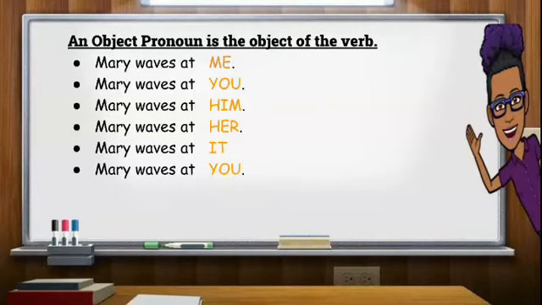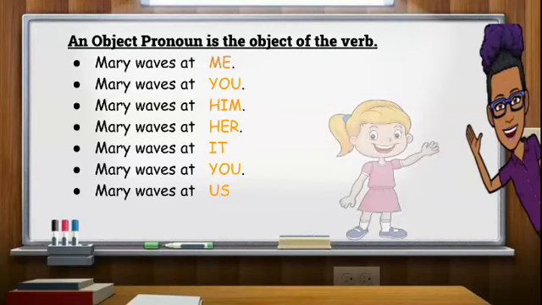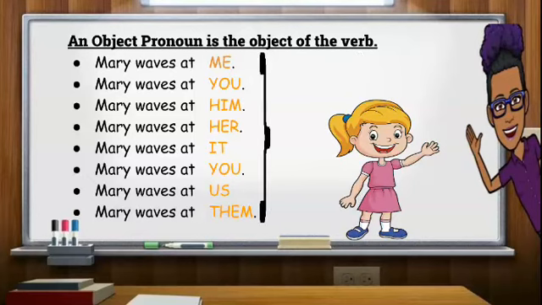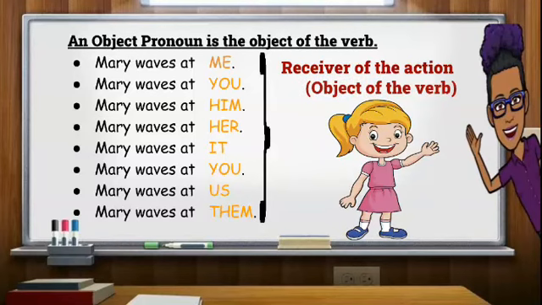Mary waves at her. Mary waves at it. Mary waves at you, plural. Mary waves at us. And Mary waves at them. These object pronouns are the receiver of the action, also known as the object of the verb.